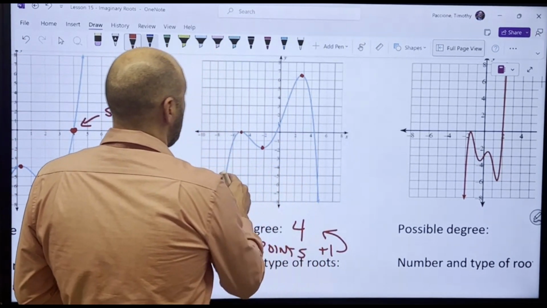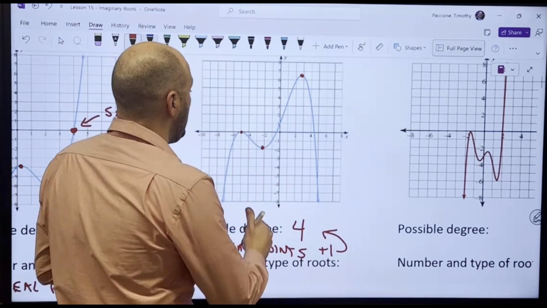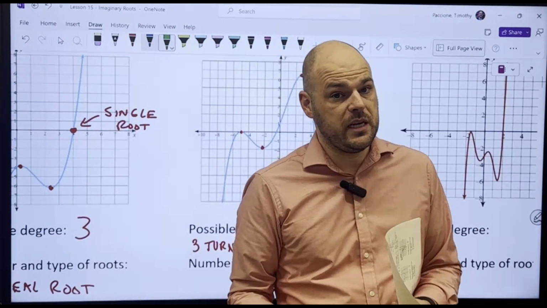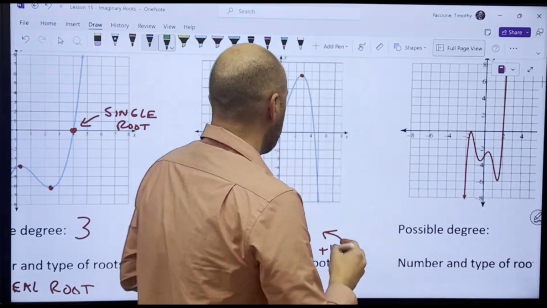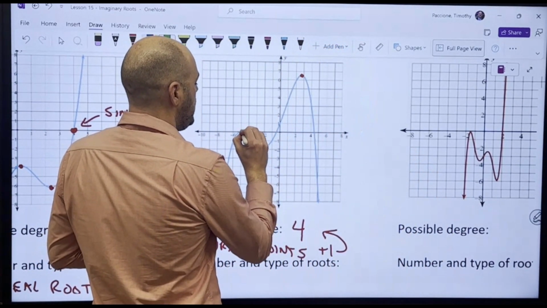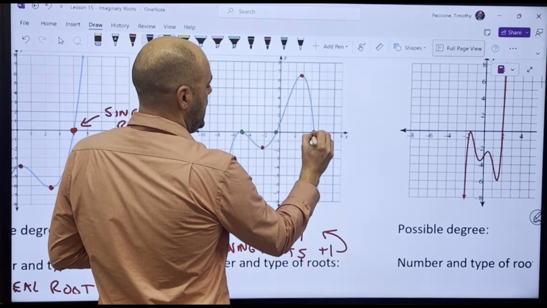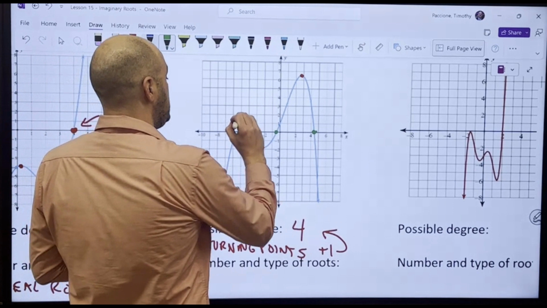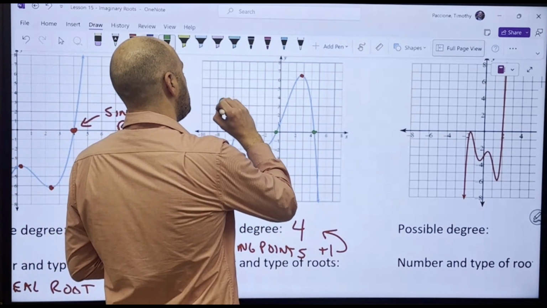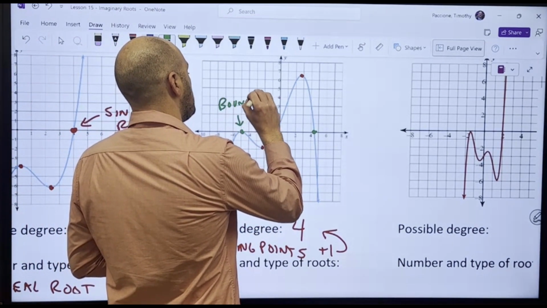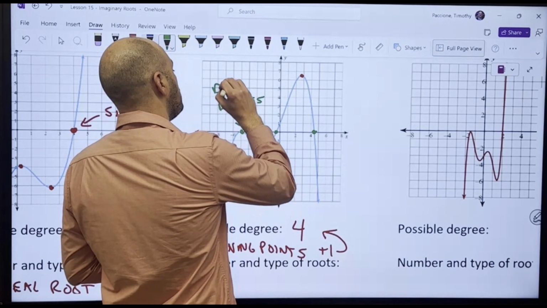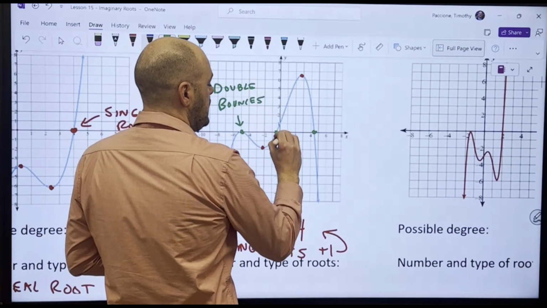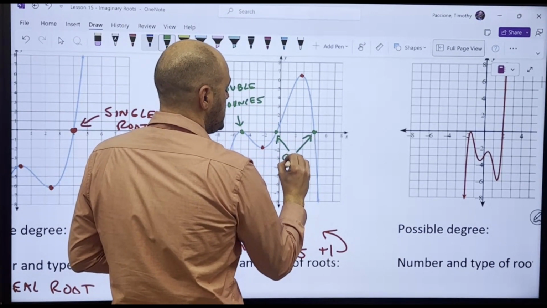Now, if we think about our possible roots, well, here we go. That's our x-intercepts will get us started. That'll tell us our real roots, right? So I see I have a root here, here, and here, right? Now, we got to look at what happens. This is our last lesson. Here, it bounces. So I have a double root. Here and here, it just crosses.